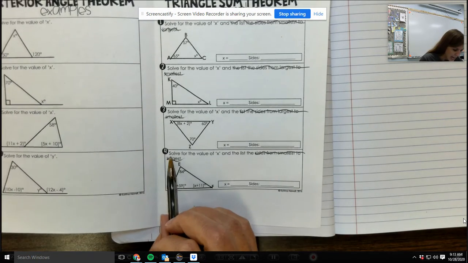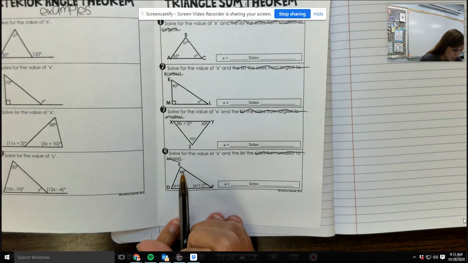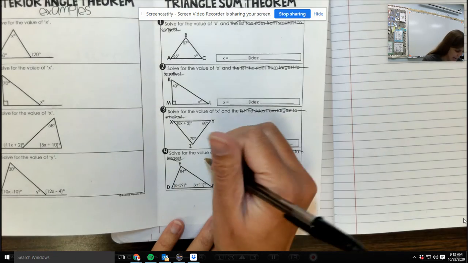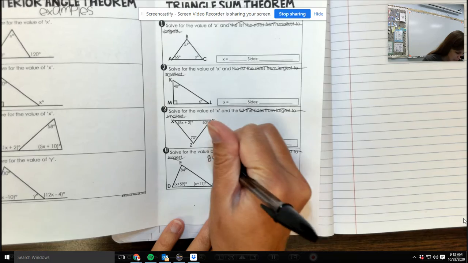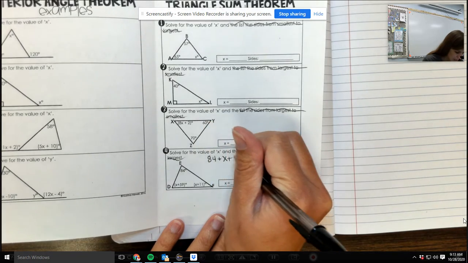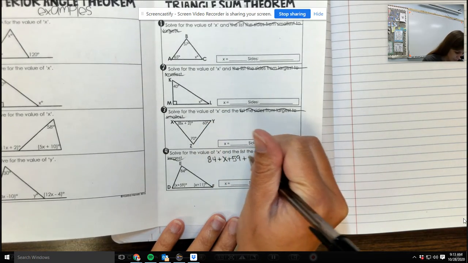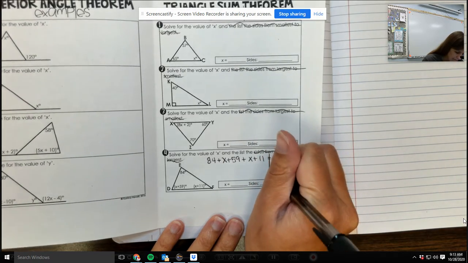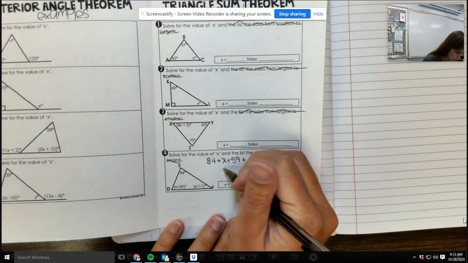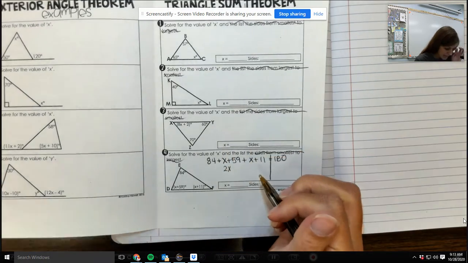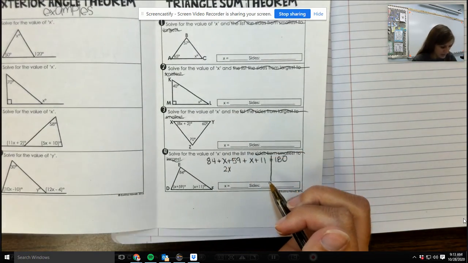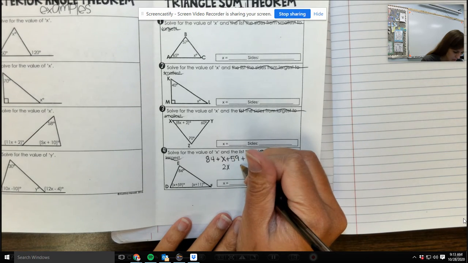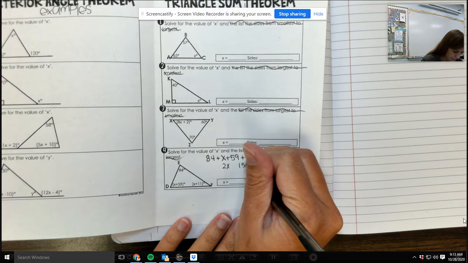So for number 4, solve for the value of x. So these 3 angles are angles inside of a triangle, and so we can add them up to equal 180 because of the triangle sum theorem. And so to solve for x, we're going to combine our like terms. So we'll have 2x, and then 84 plus 59 plus 11. Let's see, we got 70, 154.